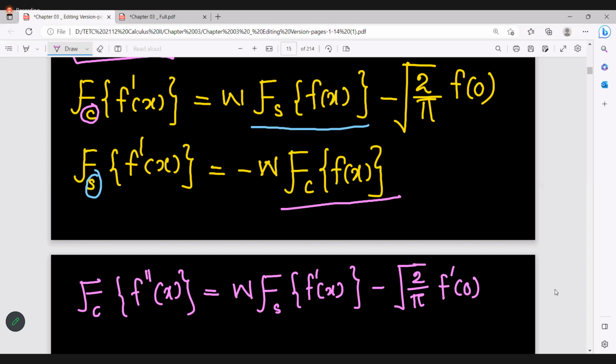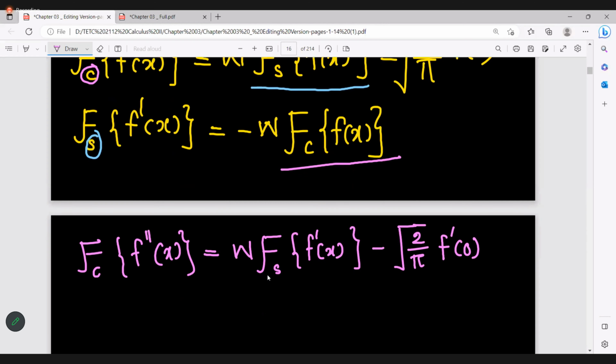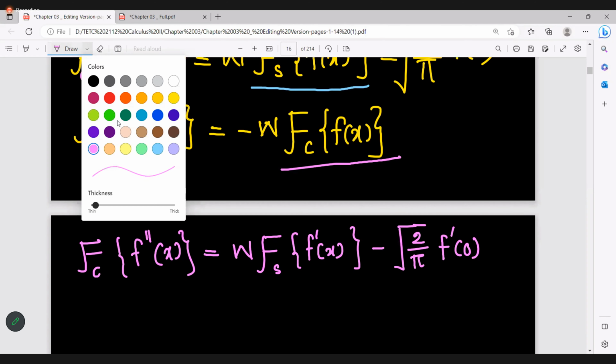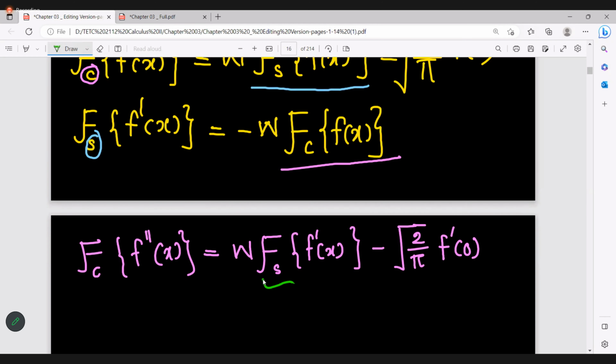So then, here we have obtained this expression, and then we can substitute this Fourier sine transform of f dash x. We already have an expression for the Fourier sine transform of f dash x. So let's label this as star.